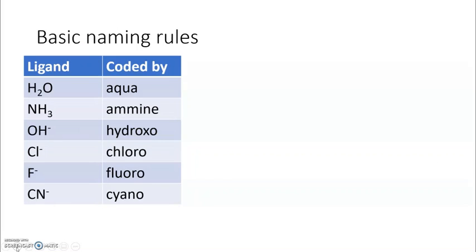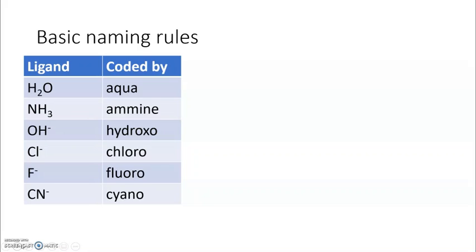Right. Basic naming rules for complexes then. When we have species being used as ligands, in the name of the complex, they're coded by words that are not the same as the name for the ligand when it is not acting as a ligand.